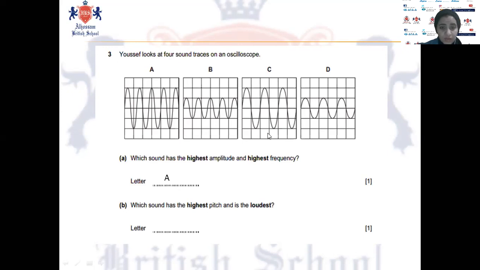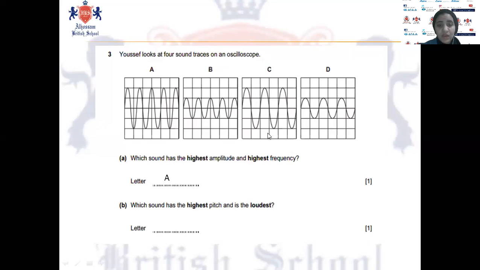Frequency equal pitch. Amplitude equal volume, or loudness. The volume of the waves.